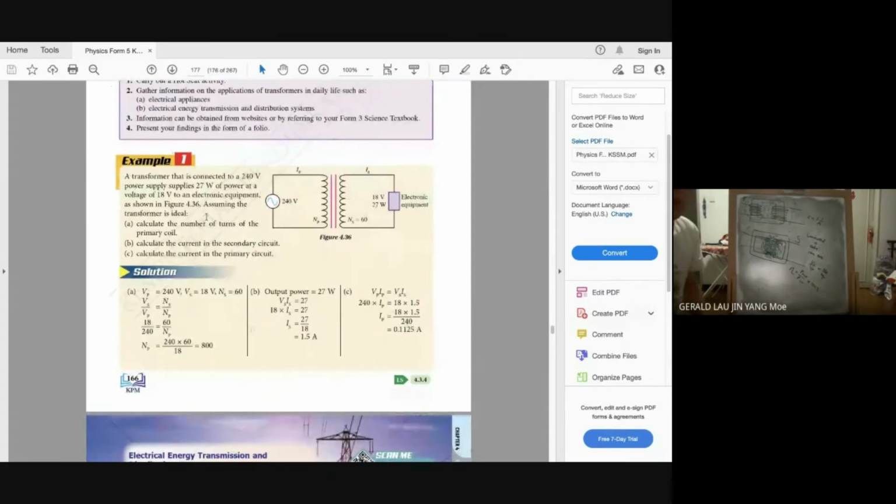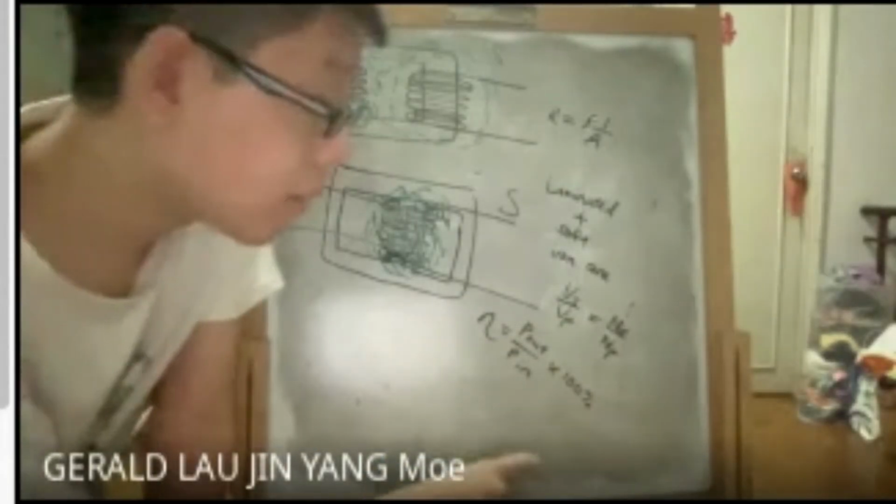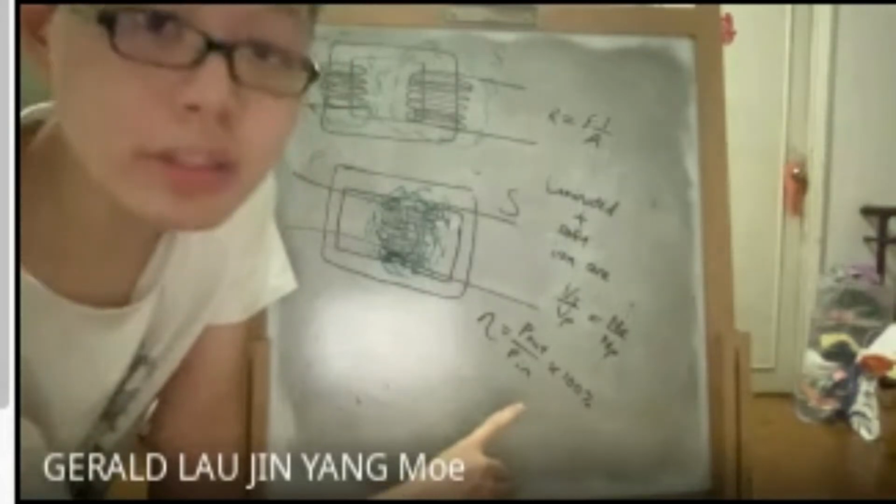Now, solving the problem. A transformer is connected to a 240 volt power supply and supplies 27 watt of power at a voltage of 18 volt to an electronic component. Assuming the transformer is ideal, that means no energy is lost. Your V primary, Vp, is 240.